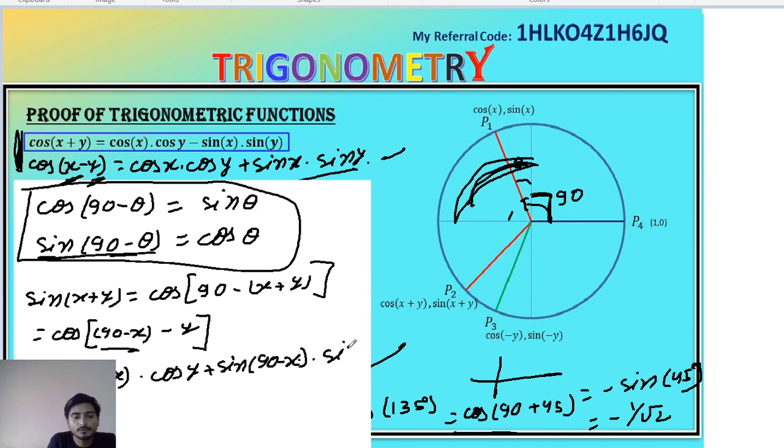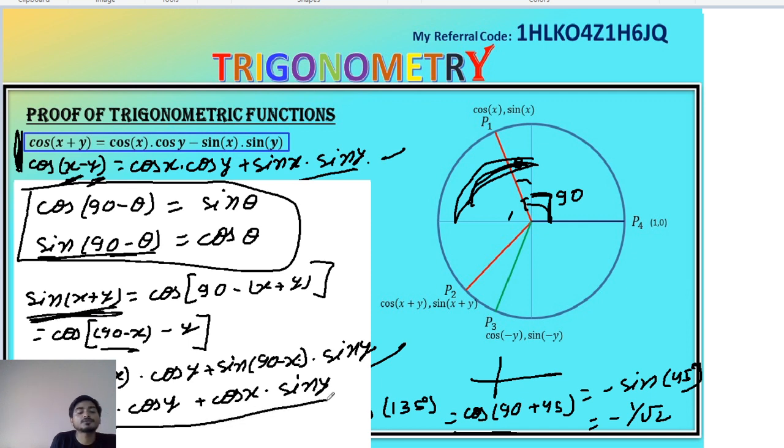Now cos of 90 minus theta is nothing but sine theta, so I can write this as sine x into cos y plus cos x into sine y. So this gives you the formula of sine of x plus y: sine x cos y plus cos x sine y. Is it clear to everyone? Hope so.